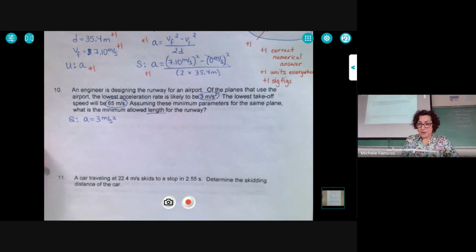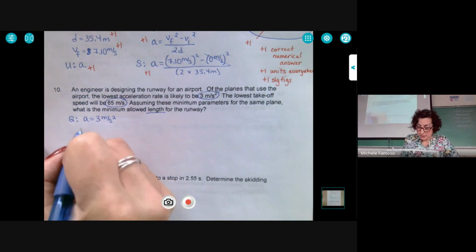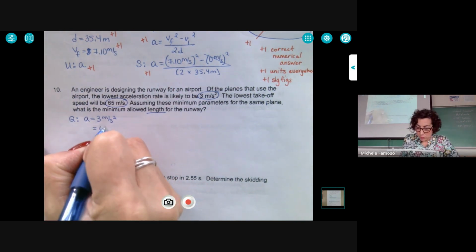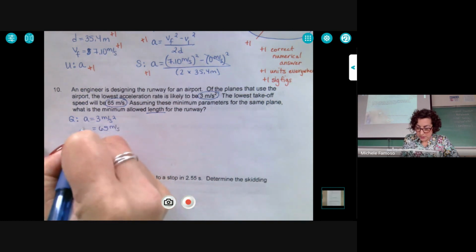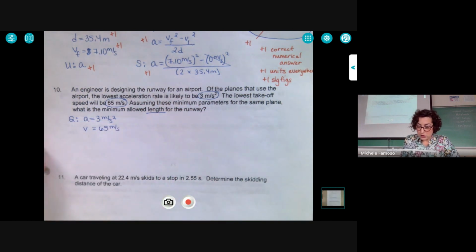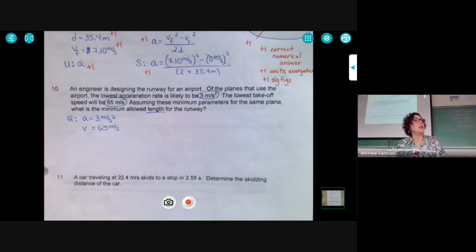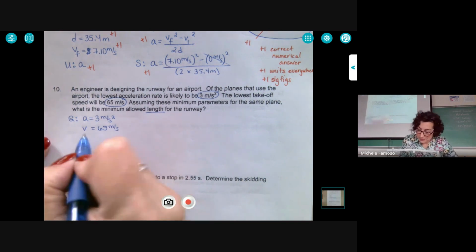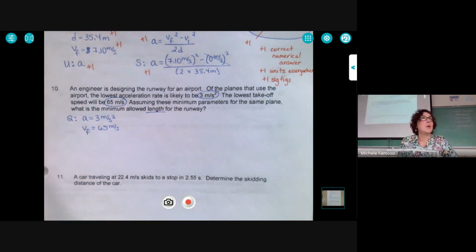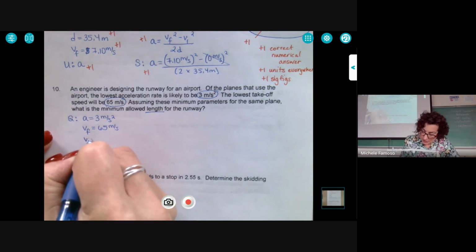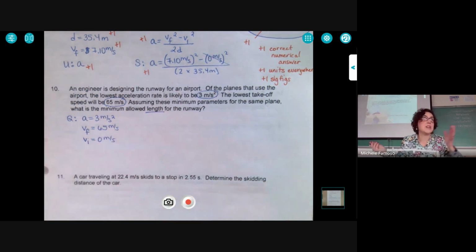Grace, how about another given? Which V is that? So that's the initial speed of the airplane taking off? VF. Good. Mike, what else do we know? It's an airplane that's going to take off down the runway. Yeah, it's 0 meters per second. 0 doesn't have sig figs, so I don't care how you write it.